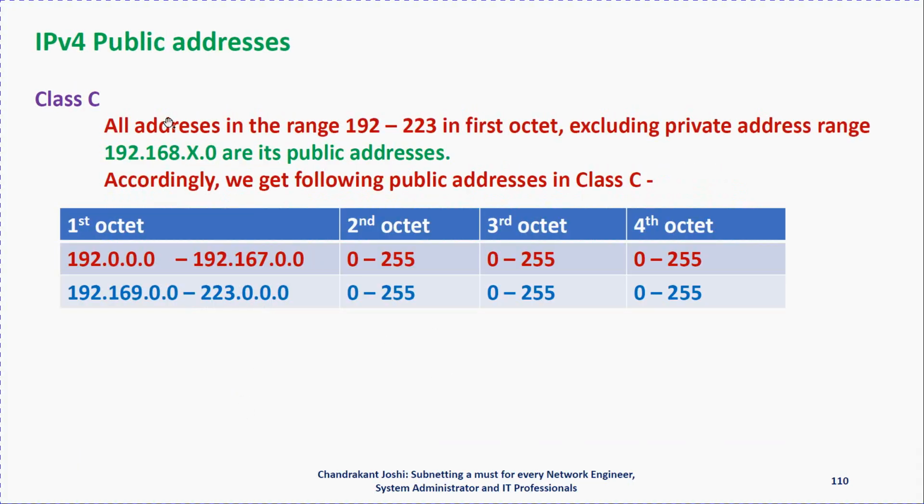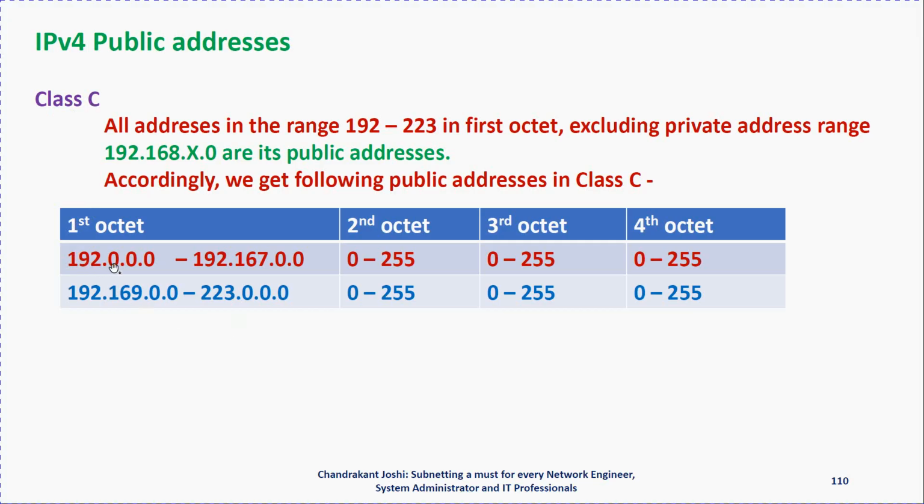For class C, 192.168.x.0, so everything over here, 192.168.0.0 through 192.168.255.0, is private. So 192.0.0.0, because 192 is the minimum value for class C in the first octet and 223 is the maximum, which we have already seen in the previous video.